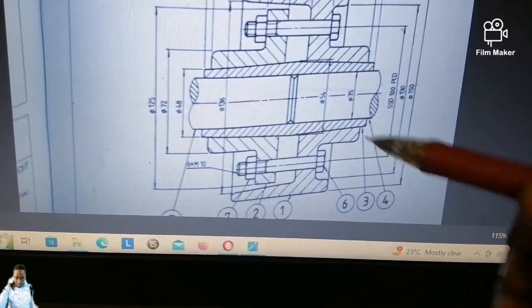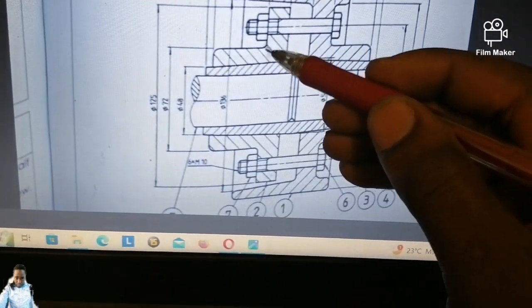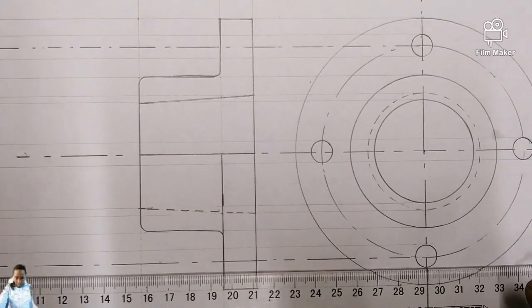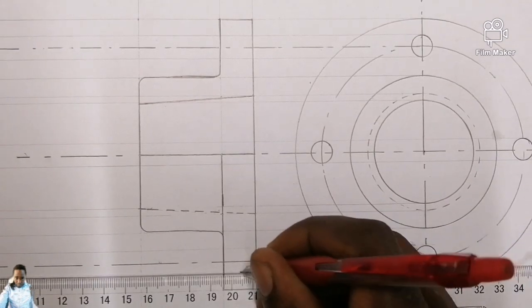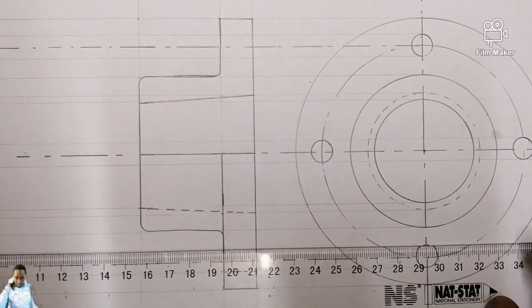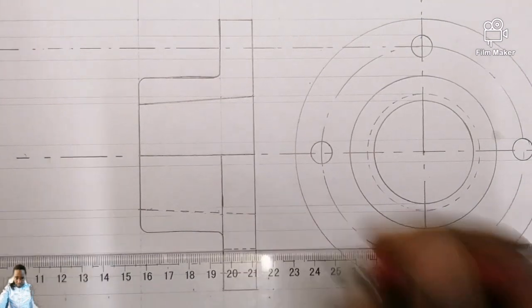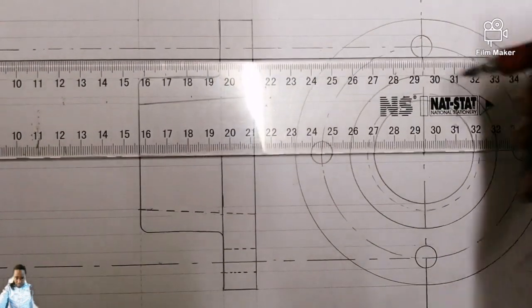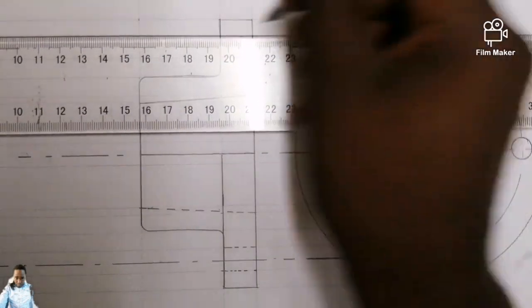As much as we can see it clearly, it's starting from here till there, not here, you understand? And then the bottom part, this hole is going to be hidden till here, and this one again hidden from here till here, you understand? While this one is going to be solid here and solid here.